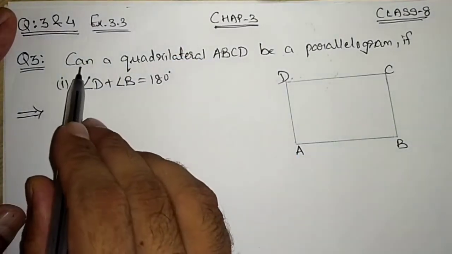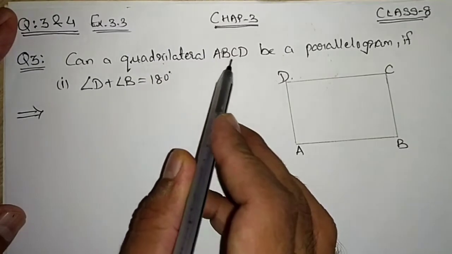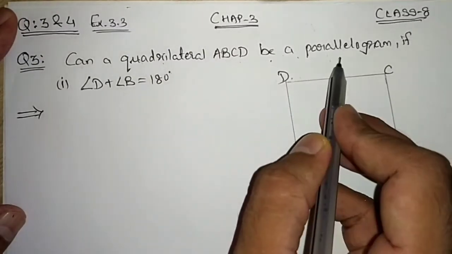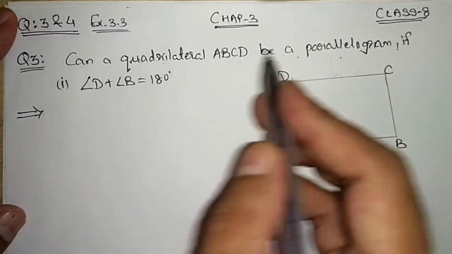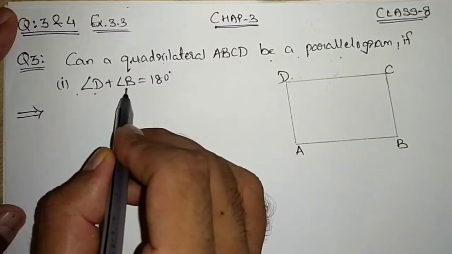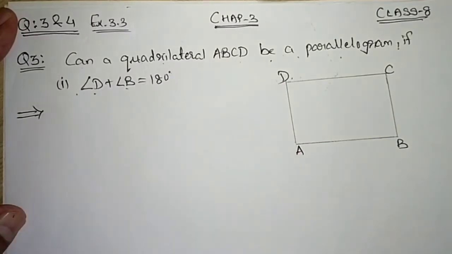Question number 3 says, can a quadrilateral ABCD be a parallelogram if angle D plus angle B is equal to 180 degrees?